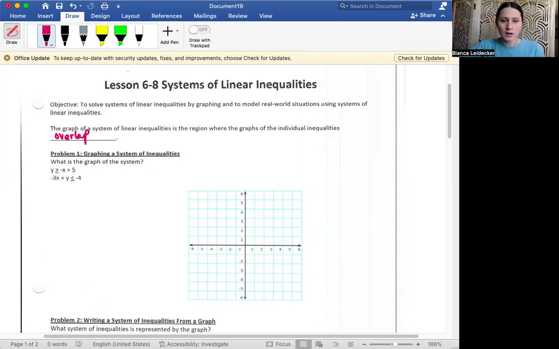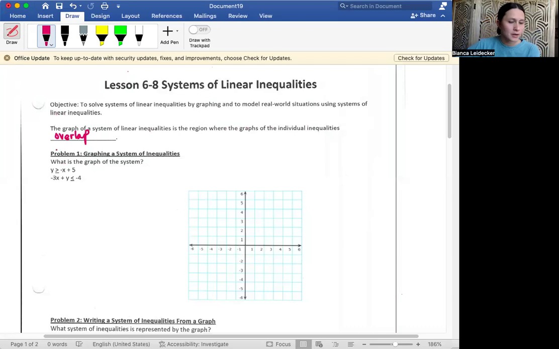So let's read our objective here: to solve systems of linear inequalities by graphing and to model real-world situations using systems of linear inequalities. The graph of a system of linear inequalities is the region where the graphs of the individual inequalities overlap.